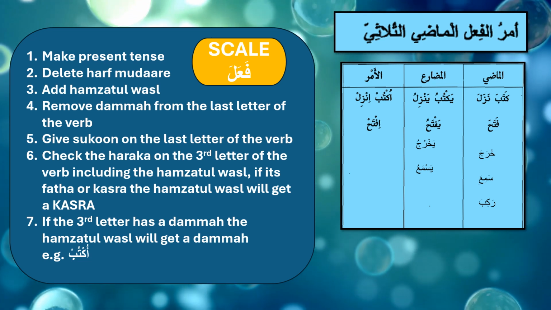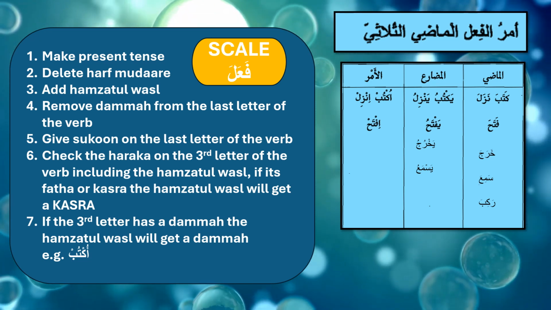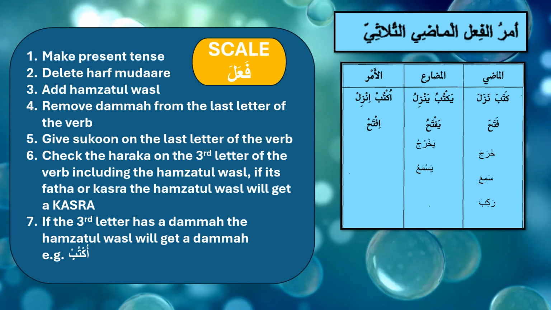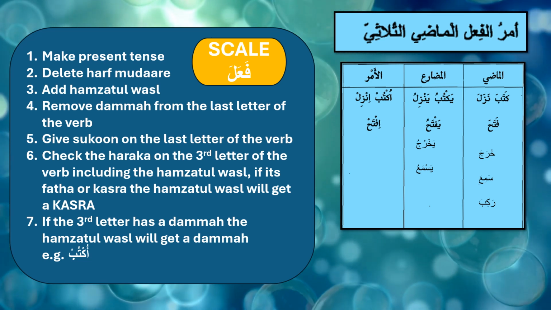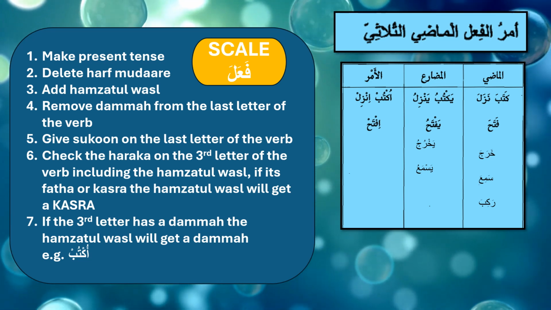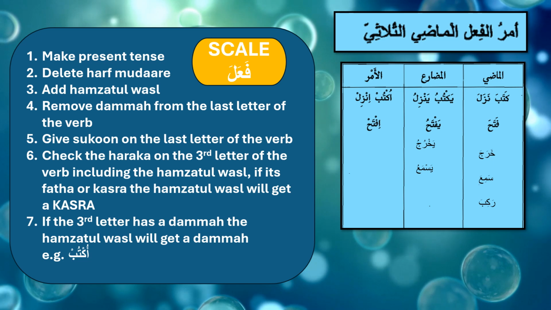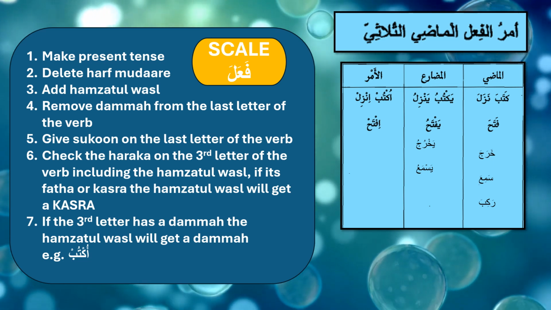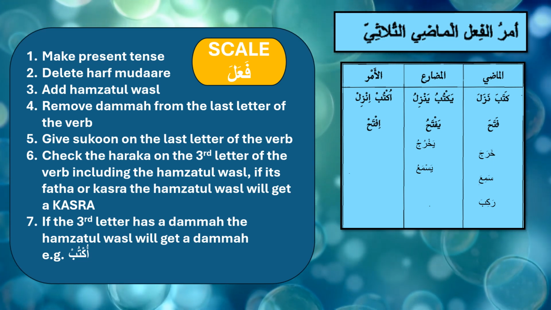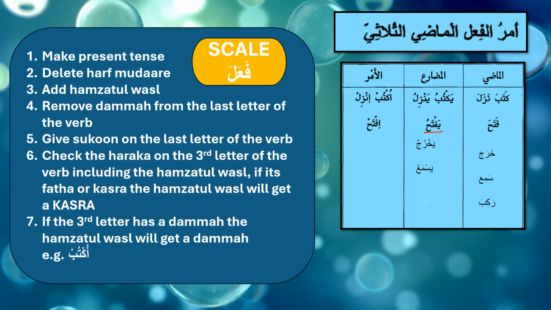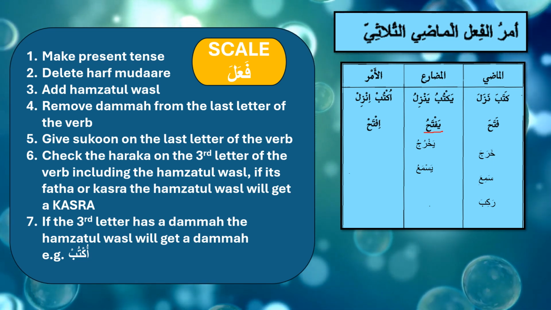Now let's see the making of the command verb of the triliteral verb, that is the fi'l sulathi, and the scale is fa'ala. So in this case, now you know the steps. First of all, from the past tense, you make it into the present tense. For example, fataha, yaftahu.